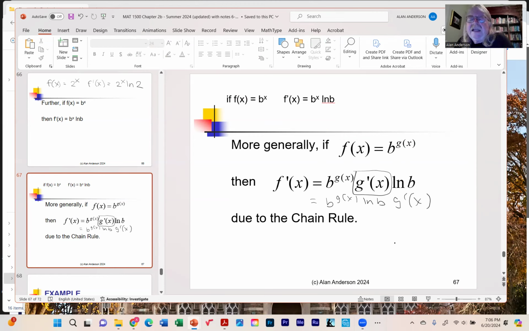That's the complication that comes about because it's g of x instead of just plain x. Of course, this is a special case because here you're assuming that g of x is x and g prime of x would just be one. So that's why you don't see that g prime of x in there. But it's implicitly there. We just don't need to write it. This is the general approach.